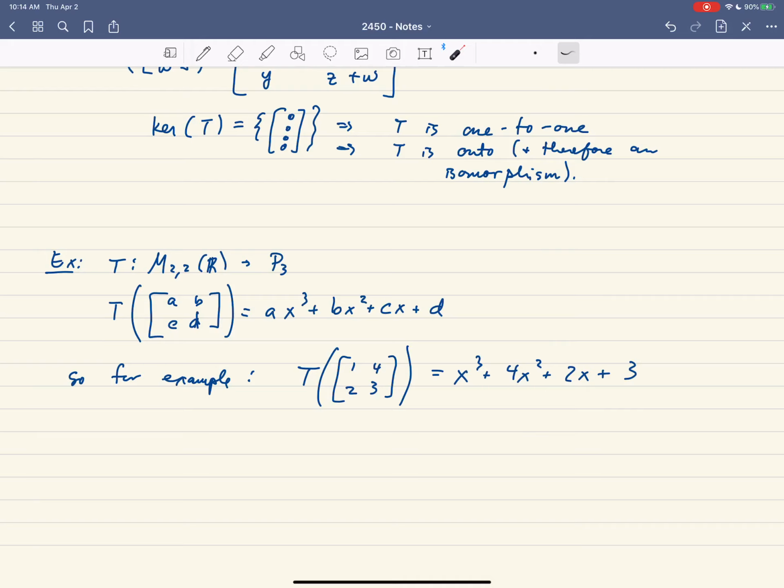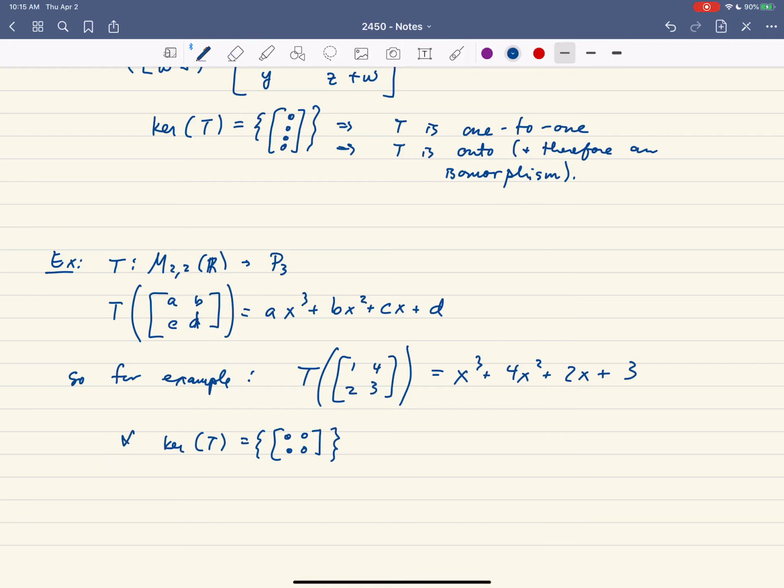And again, you can check, this one is perfectly straightforward, that the only way you can get 0, and by 0 I mean the 0 vector in P3, is if all of these inputs are 0. If any of these inputs are non-zero, then you don't get the 0 vector. In other words, we know that the kernel of T is just the 0 vector, in this case the 0 vector in M22.